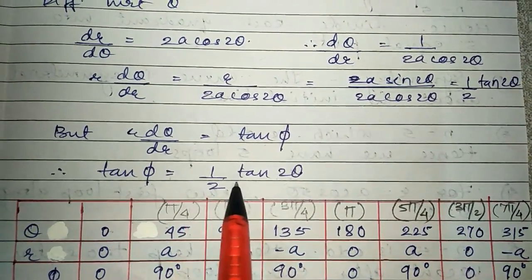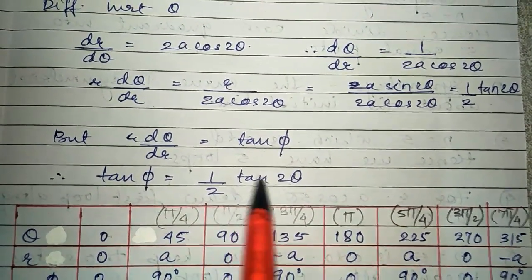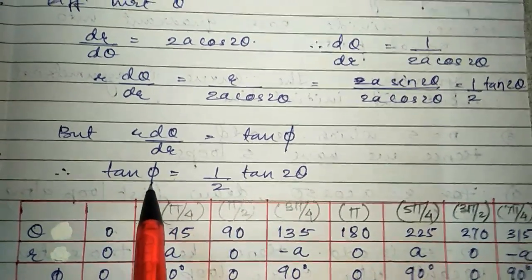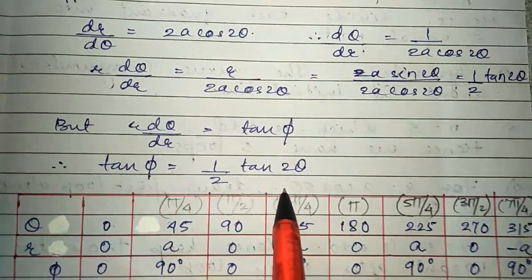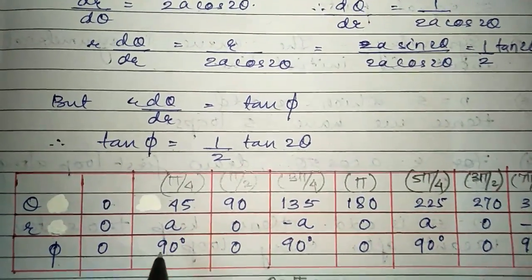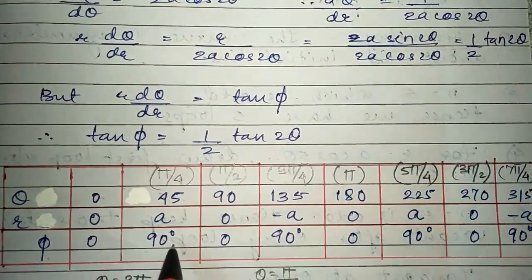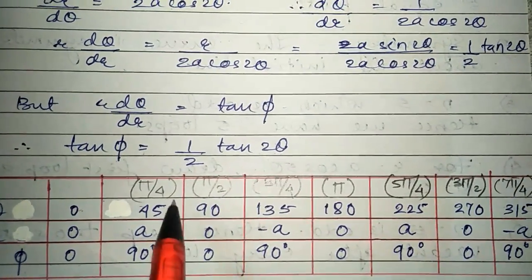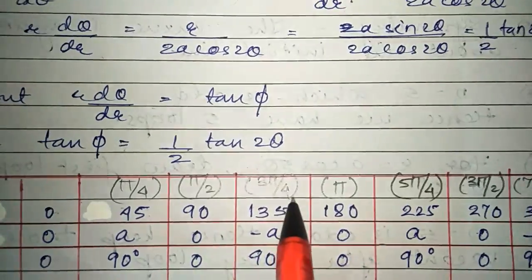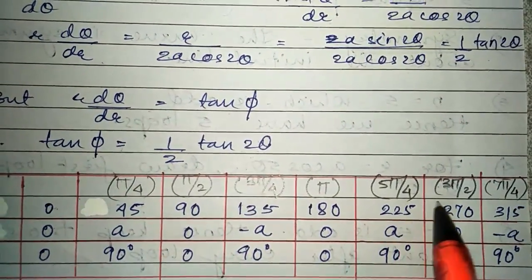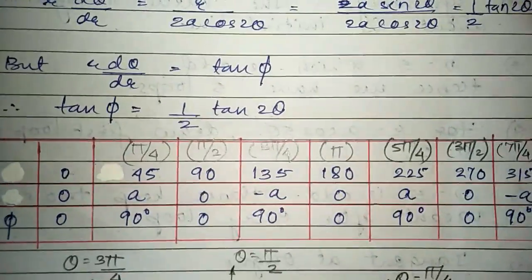So tan φ is 1/2 into infinity, that is infinity. So φ will be tan⁻¹(infinity), which is π/2, that is 90 degrees. In this way we have to calculate the values for π/4, π/2, 3π/4, π, 5π/4, and so on.